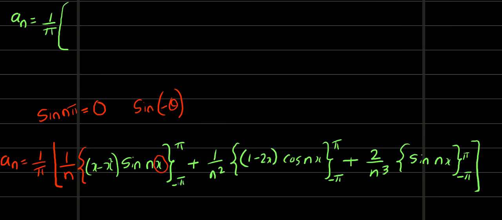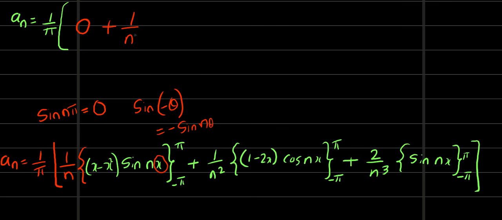Because when we substitute the lower limit, it will become something like minus nx. So remember, this negative will come outside. So when I substitute the lower limit, it will vanish. So I'm not worried about the first term. It's going to be 0.